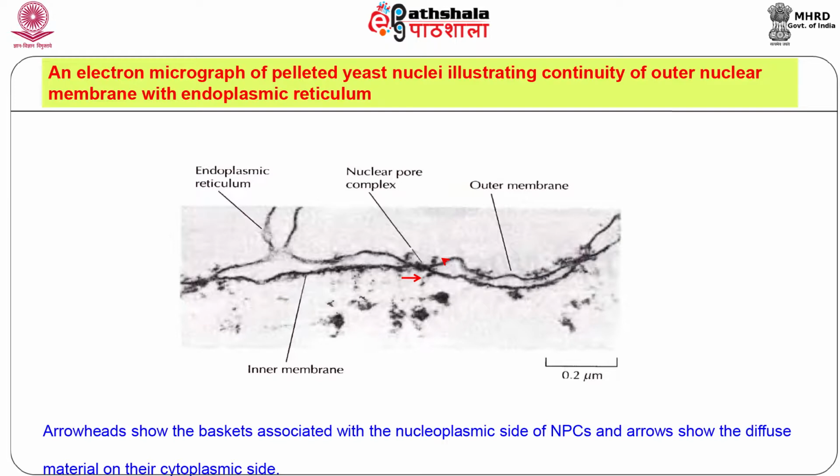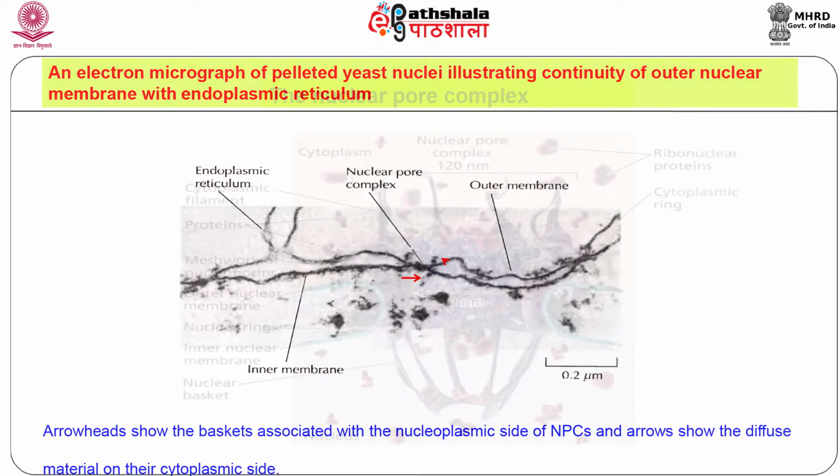This fusion of nuclear membrane with endoplasmic reticulum enables exchange of nuclear materials with the endoplasmic reticulum. It allows the nuclear envelope to grow bigger or smaller when necessary. That means it imparts elasticity to the nuclear envelope.